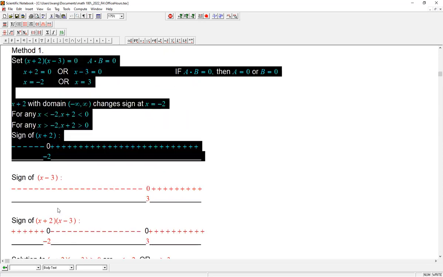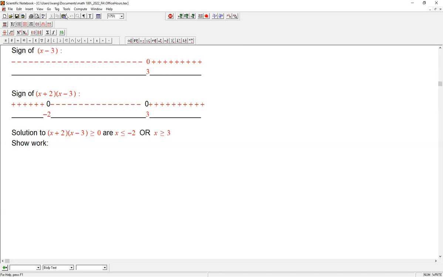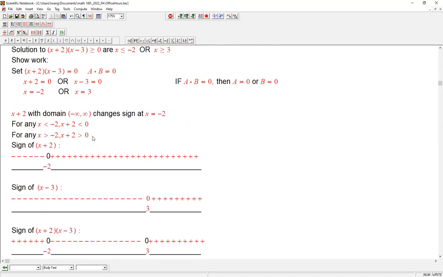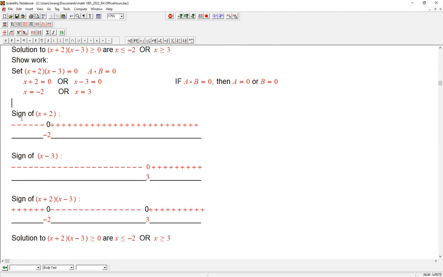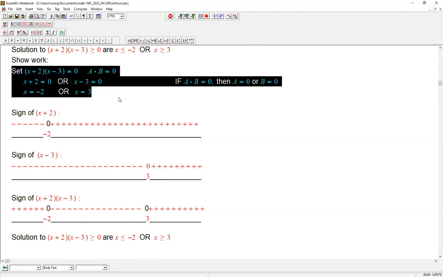It can be, okay, I'm just going to make it a little shorter here. You can remove this. And this part is kind of optional.